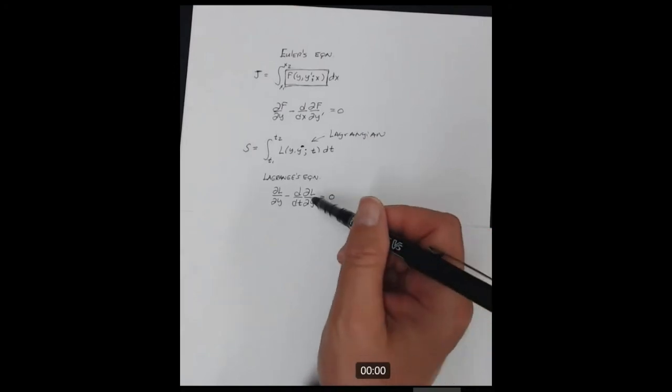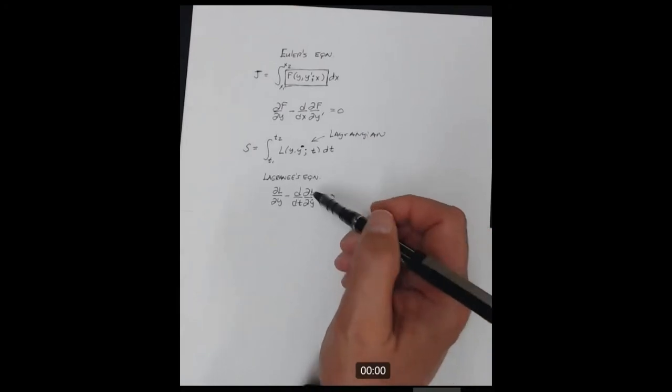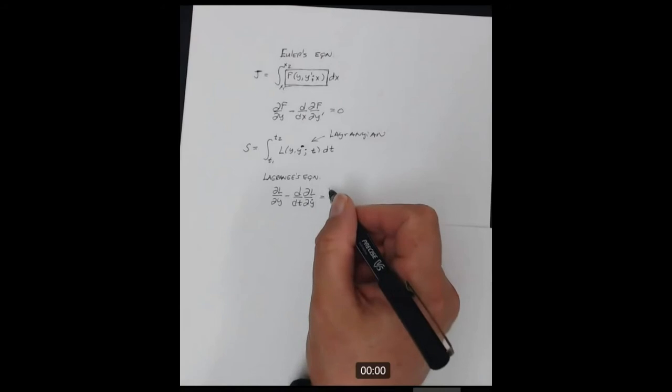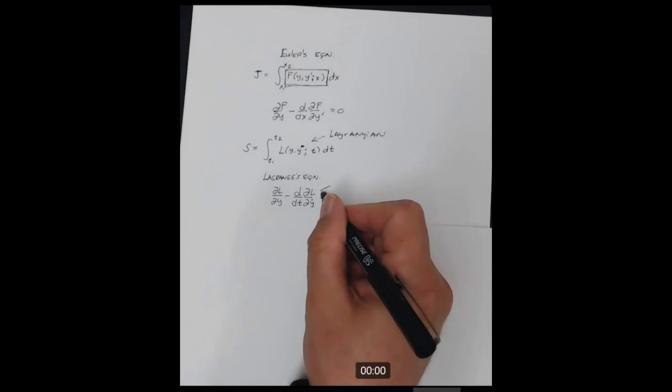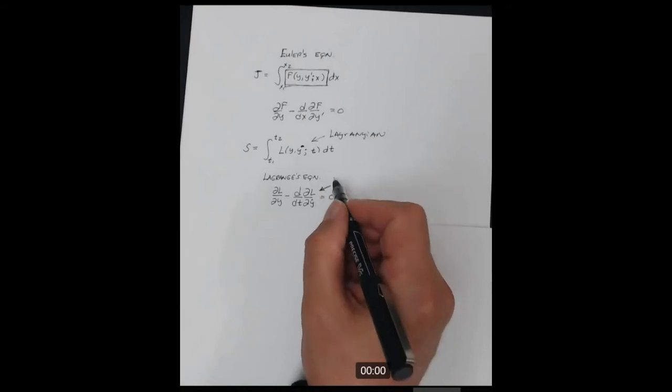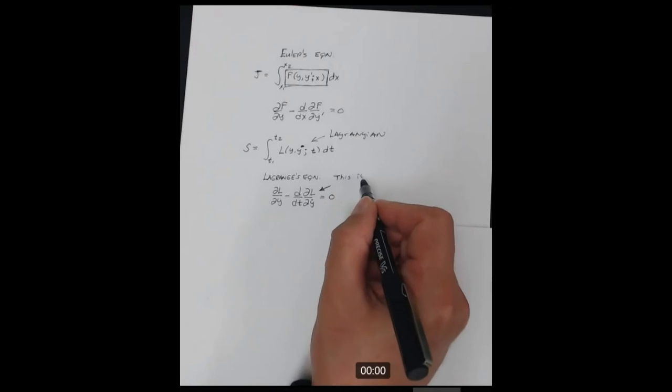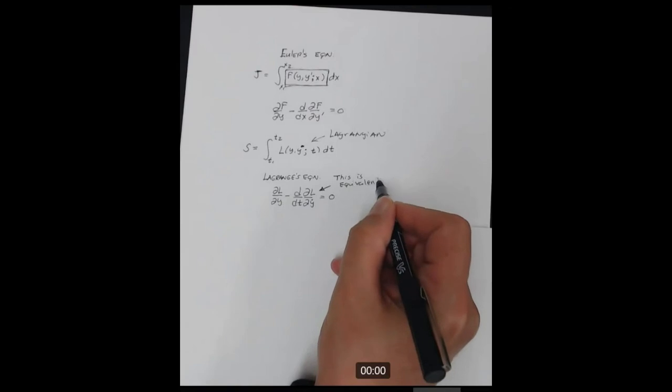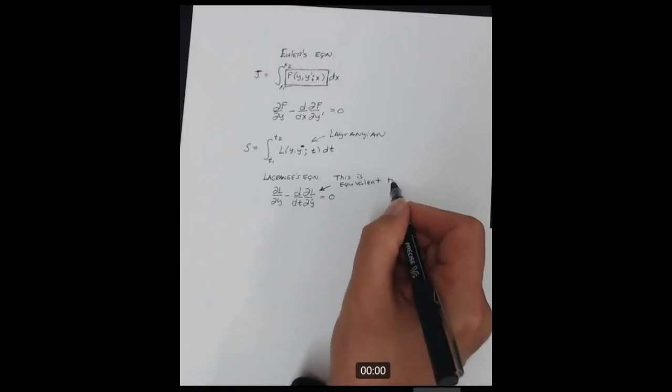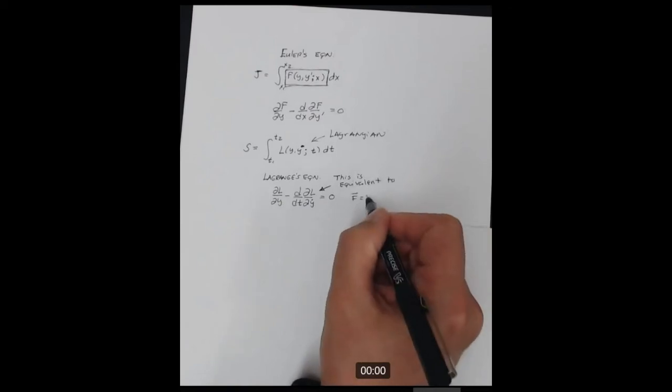So what I'm going to do in this lecture, this is a derivation lecture, I'm going to actually show you that for a conservative force, this is equivalent to Newton's law of motion, F equals ma.